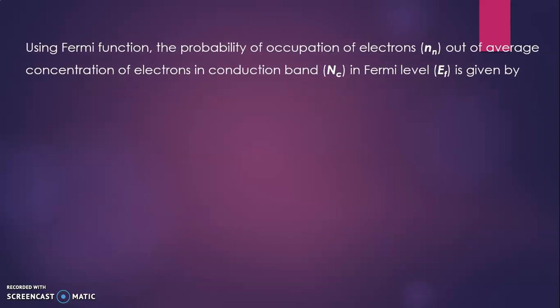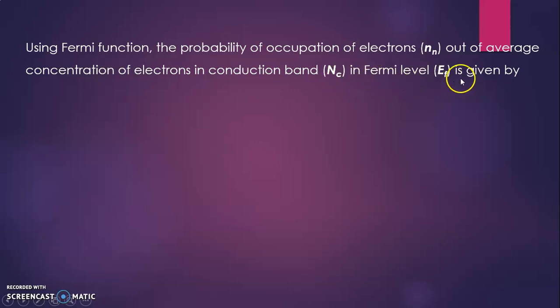Using the Fermi function, the probability of occupying the electron, n suffix n, out of the average concentration of electrons in the conduction band is capital N suffix C. This capital N gives the total number of electrons at the conduction band.